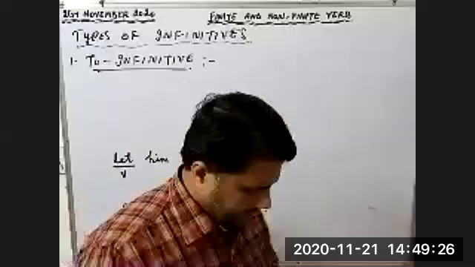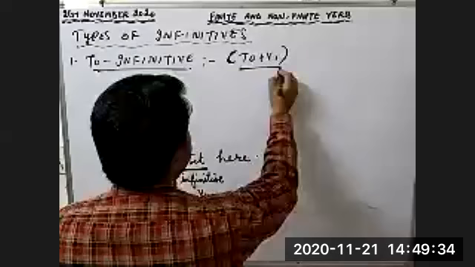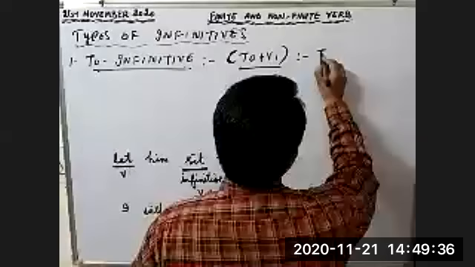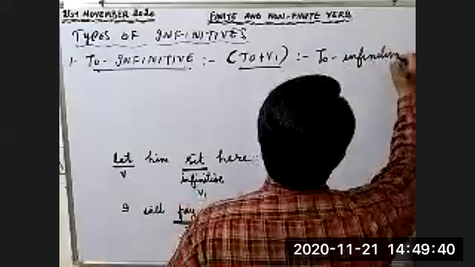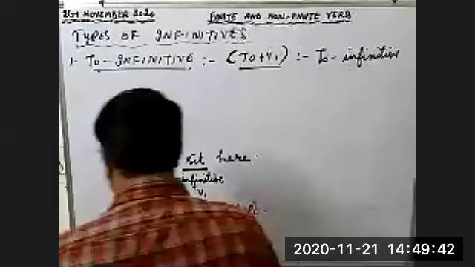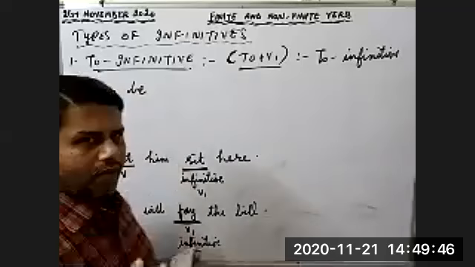Let's write the definition first. What is this to infinitive? To plus first form of the verb. Where to use it? To infinitive can be used. You all know what is to infinitive? To plus first form of the verb.